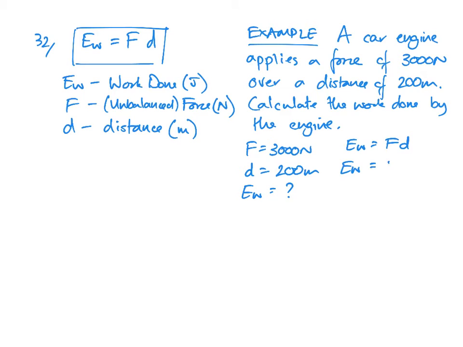EW is what we're working out, but we can substitute for F and for D. And we see that for things like cars, hundreds of thousands of joules are not uncommon.